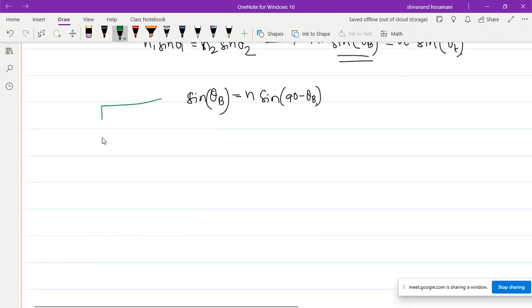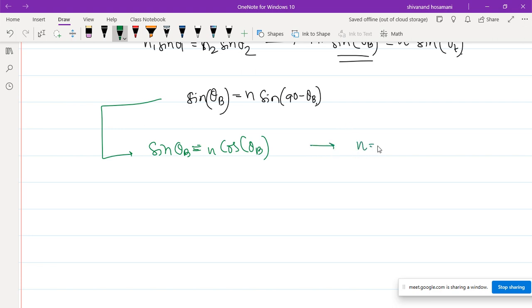This becomes sin theta b is equal to n times cos theta b. So from this relation, n is equal to sin theta b divided by cos theta b, so n is equal to tan theta b.